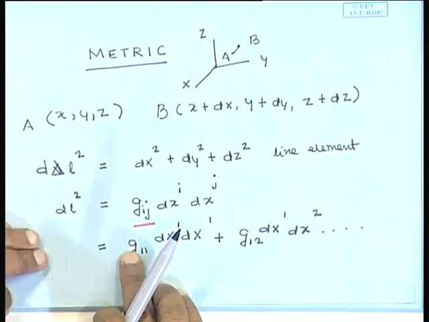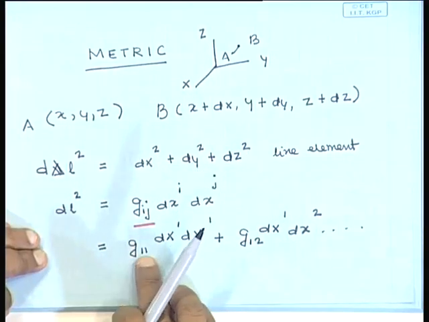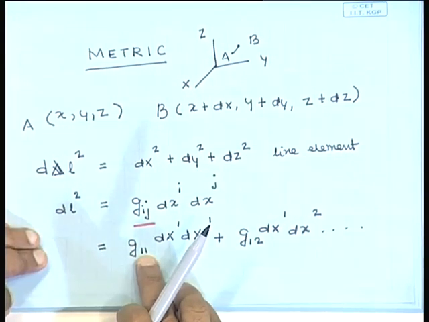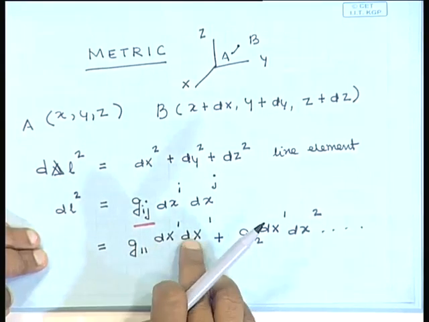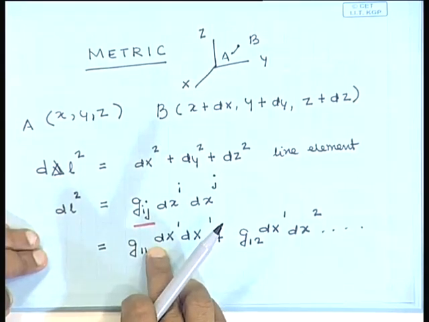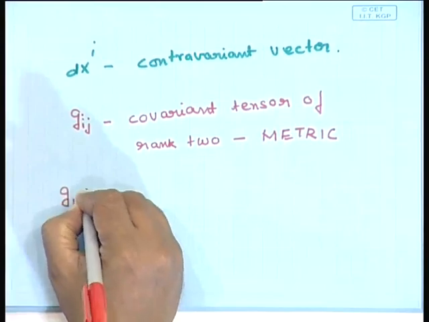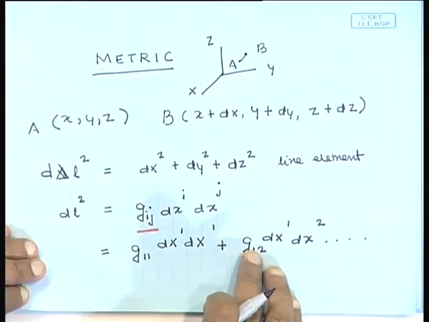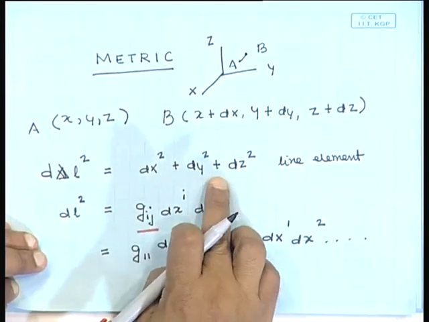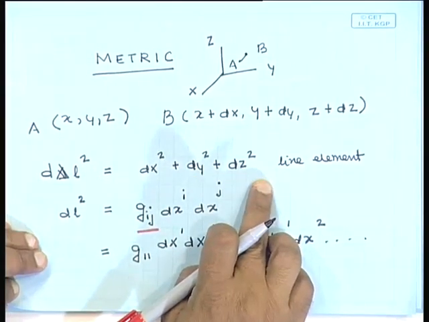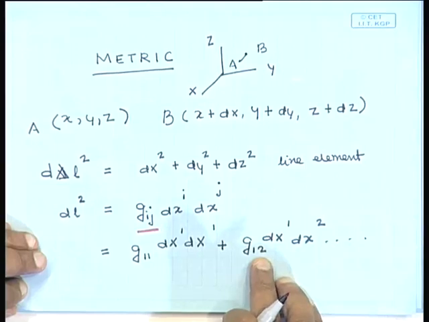By comparing this with this, we see that G11, which is the number that multiplies dx squared, what's the value of G11? 1, right? So G11 is equal to 1. Now how much is G12? Is there any term dx dy appearing over here? No. So G12 is 0.